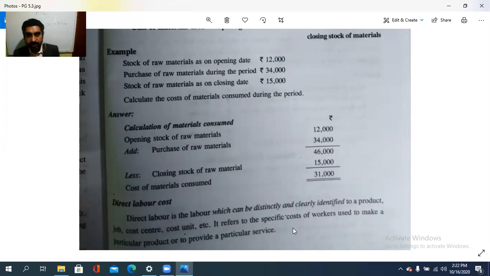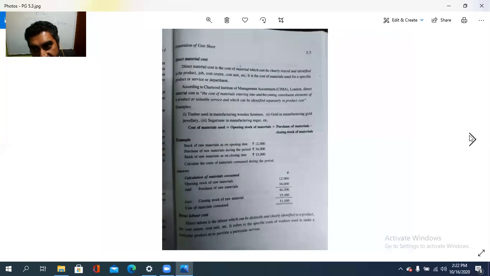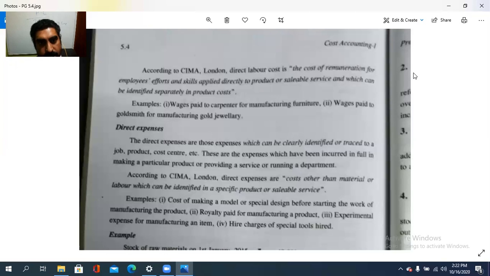It refers to a specific cost of workers used to make a particular product or to provide a particular service. According to CIMA London, direct labor cost is the cost of the remuneration for the employees' efforts and skill applied directly to a product or saleable service, and which can be identified separately in product cost.